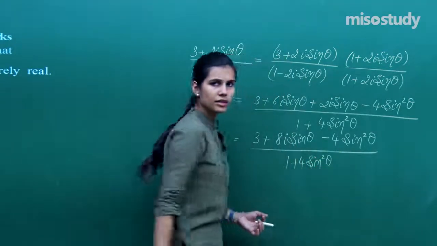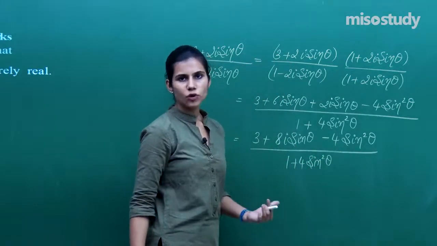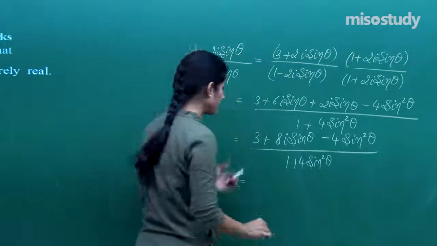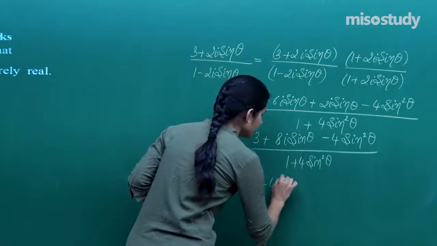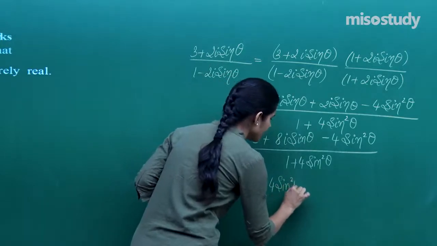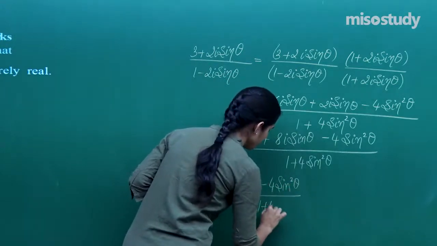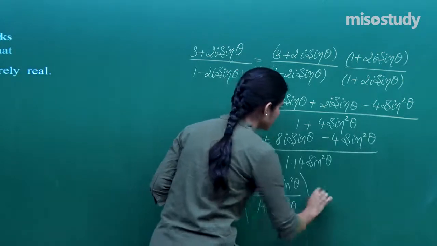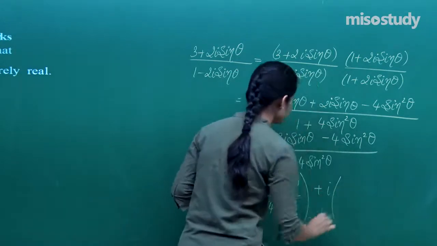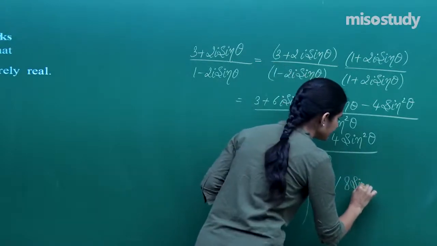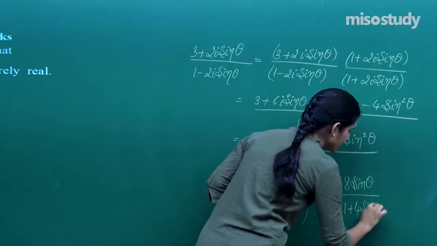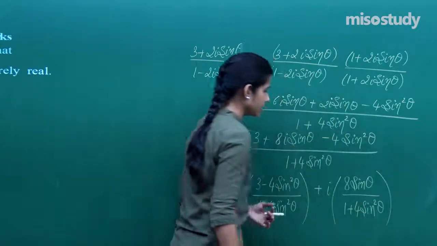Collect together the terms which are not involving the imaginary unit iota and get the real part of this complex number. 3 minus 4 sine square theta upon 1 plus 4 sine square theta. This is the real part plus iota times 8 sine theta upon 1 plus 4 sine square theta.